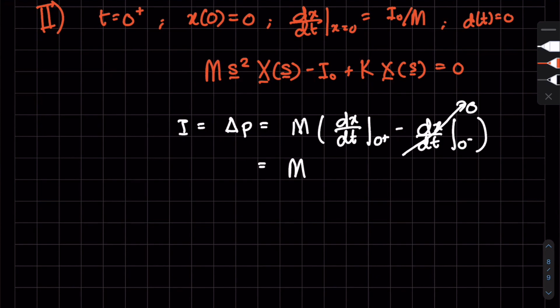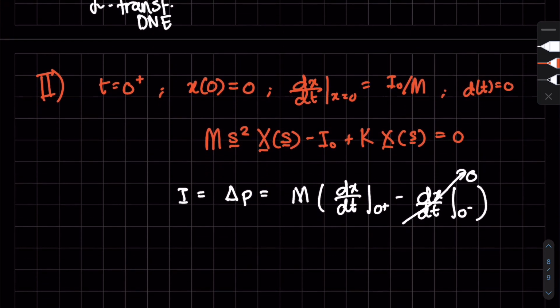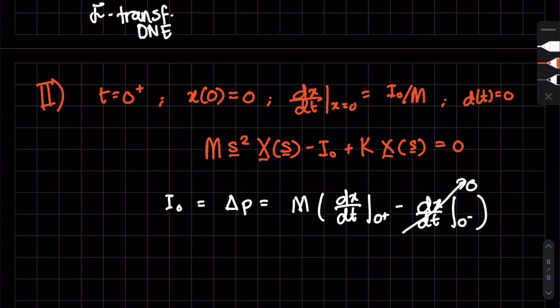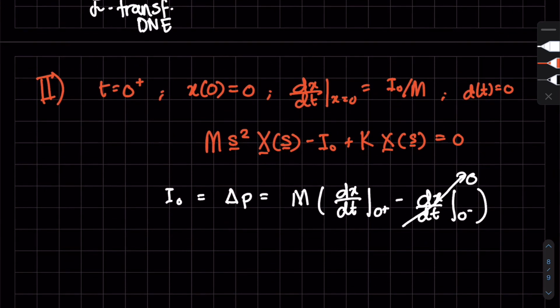So this has to be I naught over m. There we go. This is probably an easier way of doing it. We know what the impulse is. You integrate the force over that interval, you're going to get I naught, which is also the impulse. So this is a nice classical mechanics interpretation for why we have this.